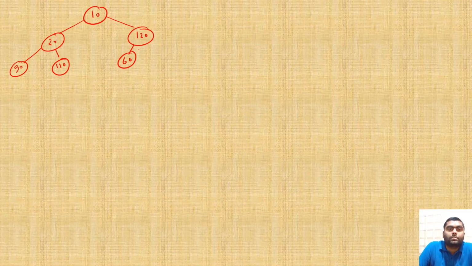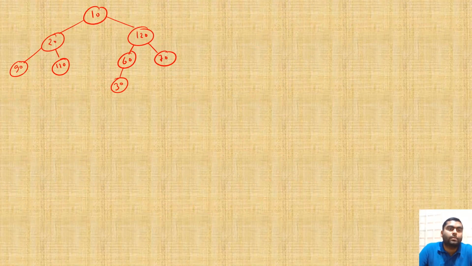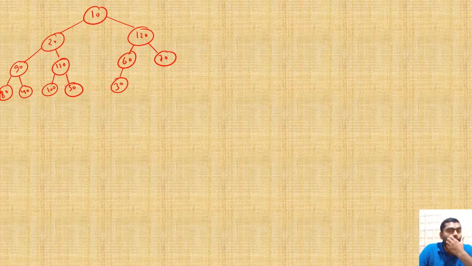So this is 60, this is 70, and this is 30, and remaining 80, 40, 100 and 50. Okay, fine.